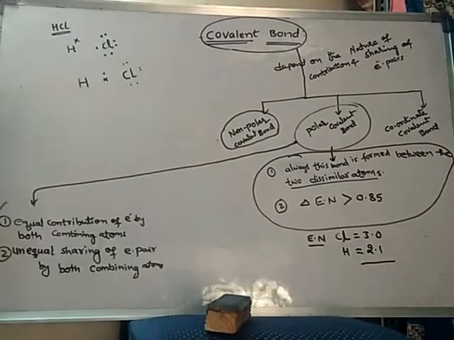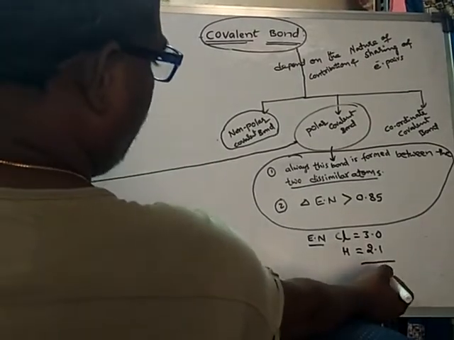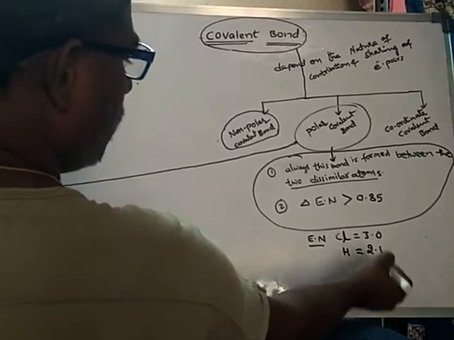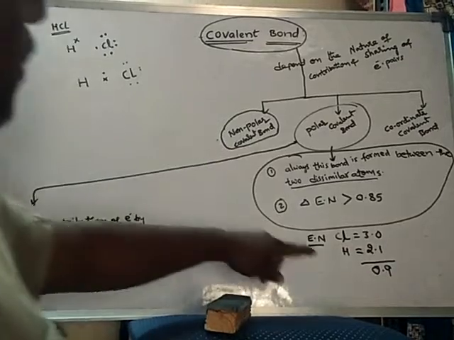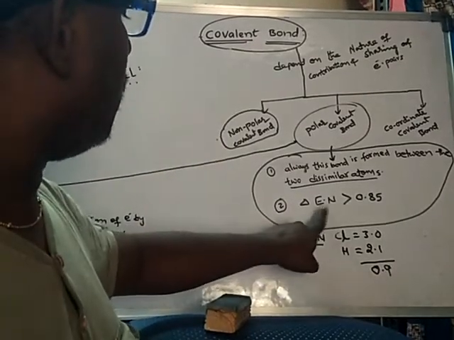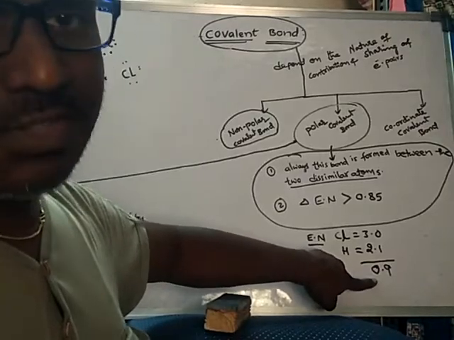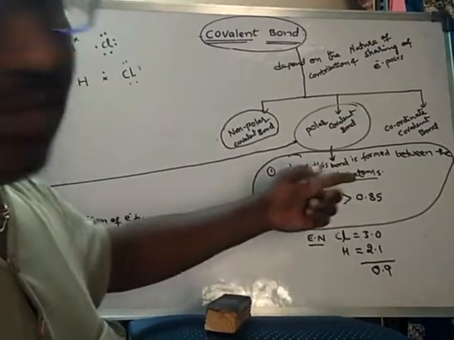So what is the difference? The difference in electronegativity is 0.9. That means here the electronegativity difference is greater than 0.85. 0.9 is greater than 0.85.